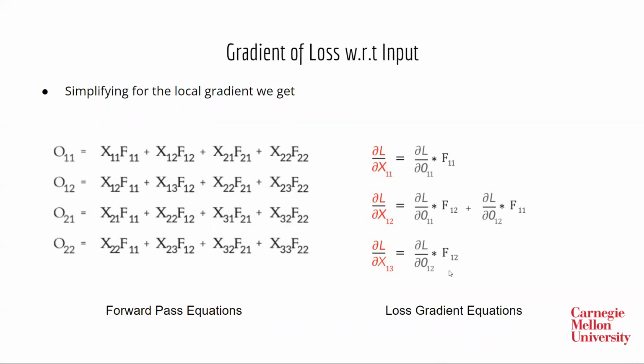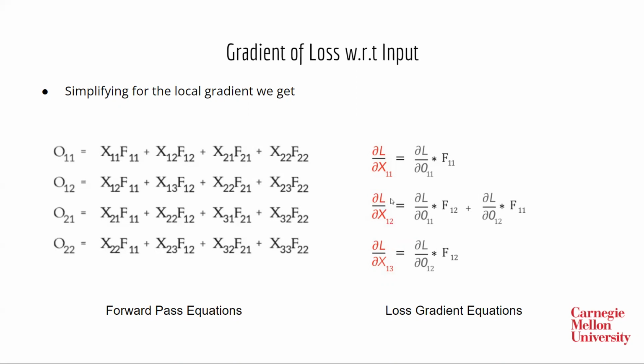We're looking at the first 3 over here. For the gradient of loss with respect to X11, if you look at the equations, we have a term like the gradient of loss with respect to output multiplied by the gradient of O11 with respect to X11. See the dependency between O11 and X11: there's only one term relating to it, so the derivative here is going to be F11.